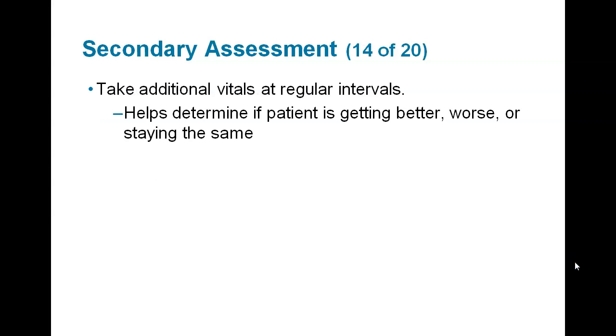So you're also going to take additional vitals at regular intervals. This helps to determine if the patient is getting better, if they're getting worse, or if they're staying the same. So usually if it is a patient who is in critical care, we're usually going to assess every 5 minutes. If the patient is considered stable and not critical, it's usually going to be every 15.